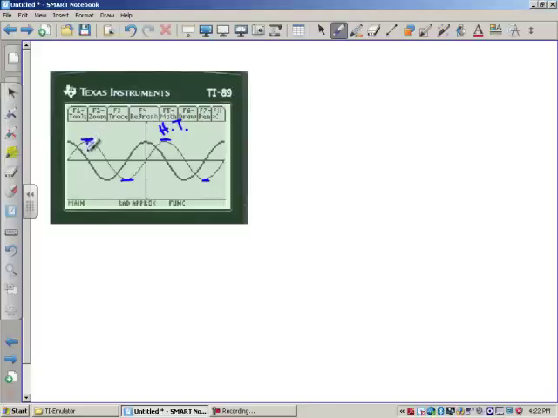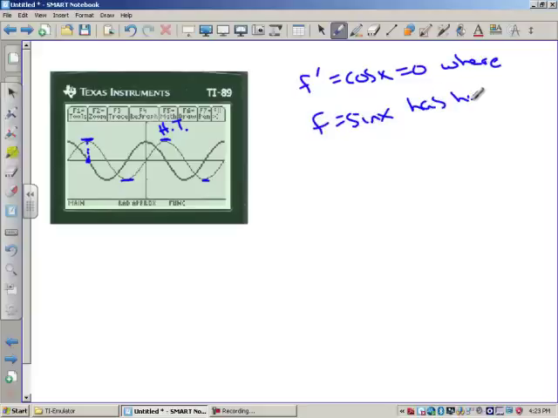So we come down here and we find the derivative. The derivative is on the x-axis. That is because the derivative is the slope. So if we have a horizontal tangent, then f prime better be 0. So f prime, which is cosine, equals 0 where f, which is sine, has horizontal tangents, which is something that we've been studying the last couple days.